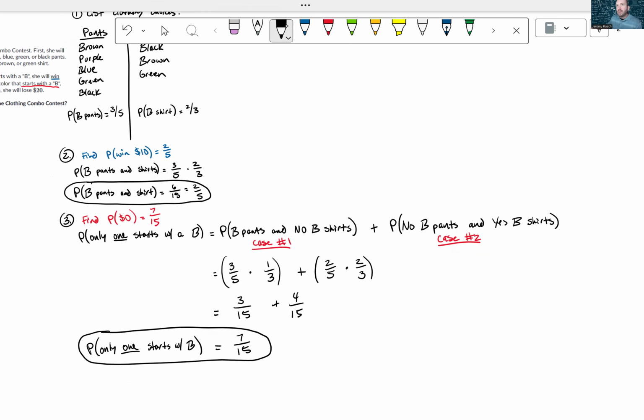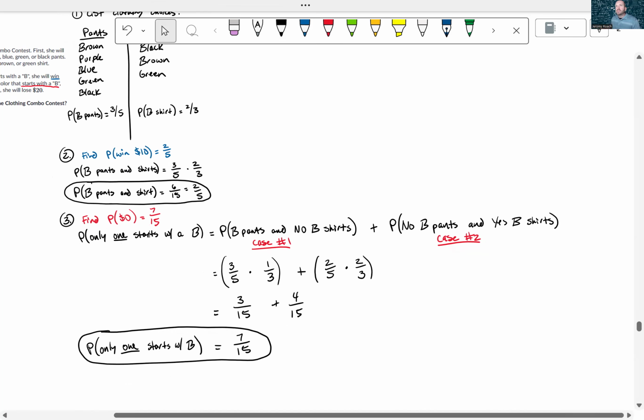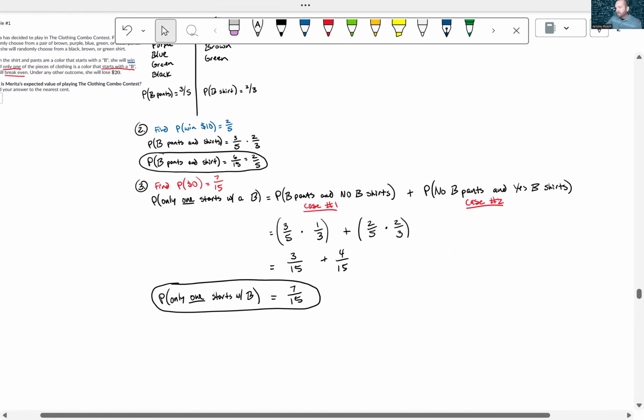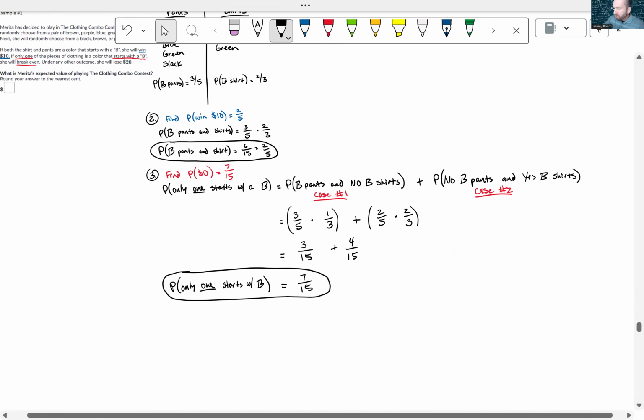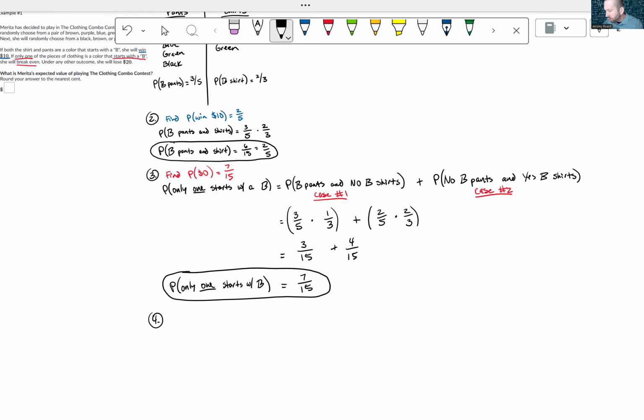Okay. And then for the last one, we should be able to use the complement rule. But let's see if we can just figure it out using these probabilities. So for the last one, we want to calculate the probability of losing $20. And that says under any other outcome, she loses $20.